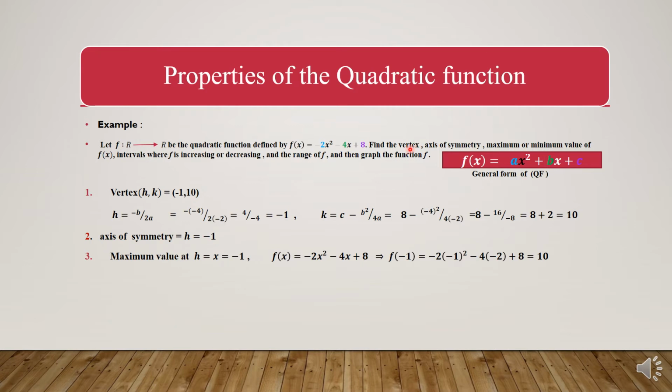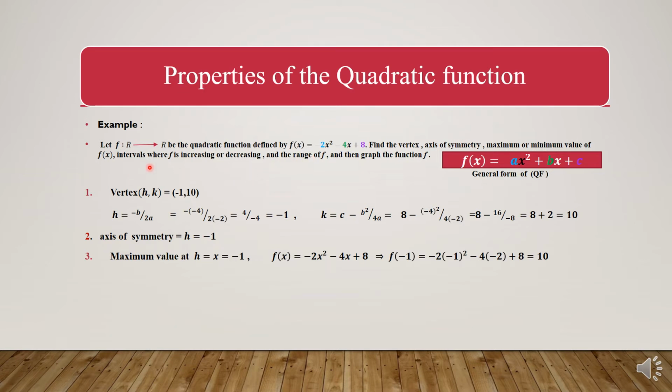Look, all the previous points have been given here; we will have to find them one by one. Find the vertex, axis of symmetry, minimum or maximum value of f of x, interval where f is increasing or decreasing, range of f, and then the graph of the function.